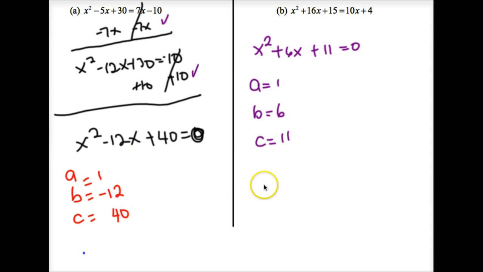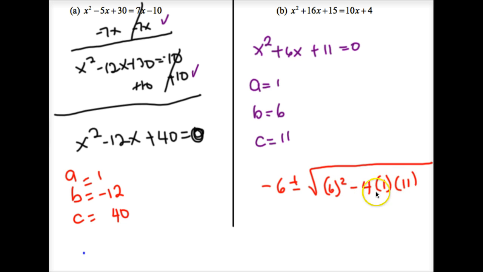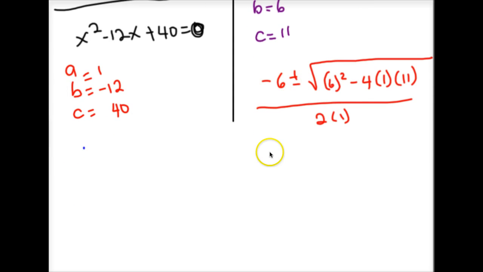My quadratic formula is minus b plus or minus the square root of 6 squared minus 4 times 1 times 11, over 2 times 1. Again, everything in parentheses under the radical sign. What do you get? You should have gotten the square root of negative 8 over 2.